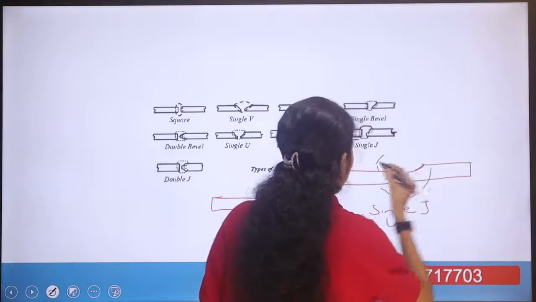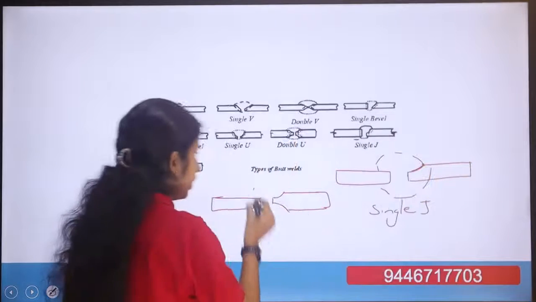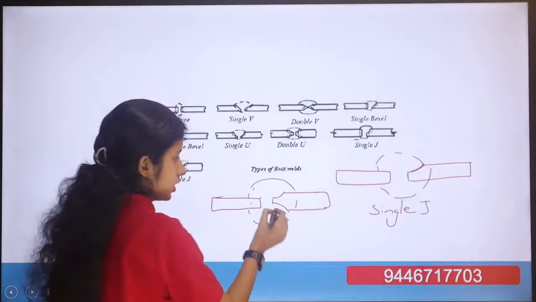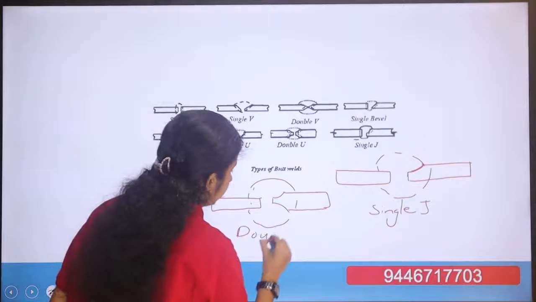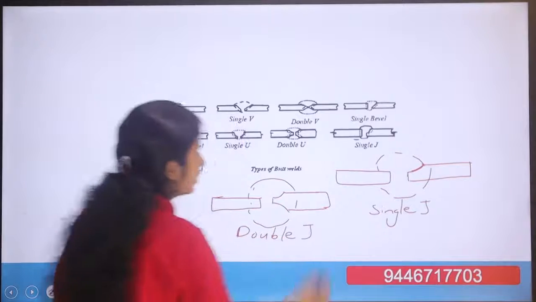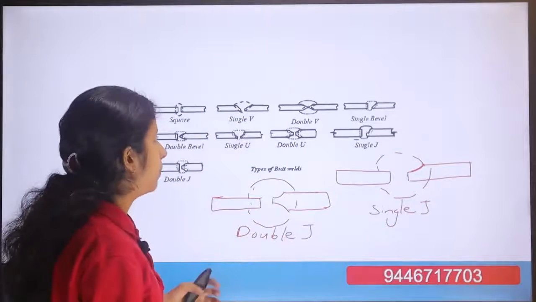A J section is provided here and the welding is done, and here also J sections are provided, so it's known as double J. So these are the various types of butt welds.